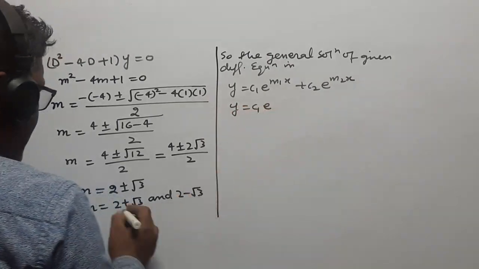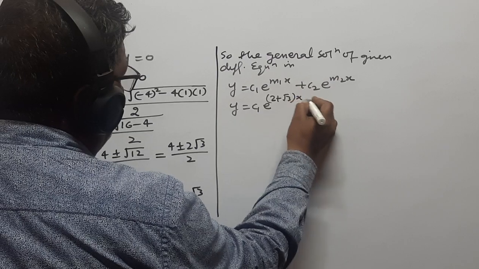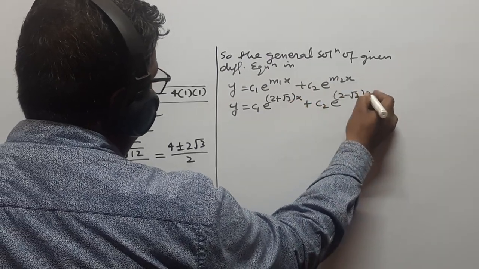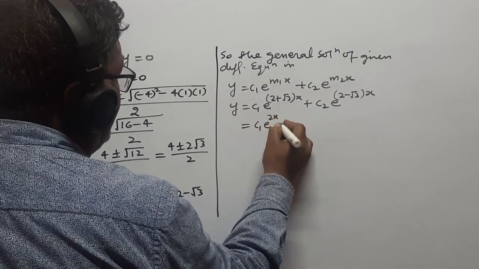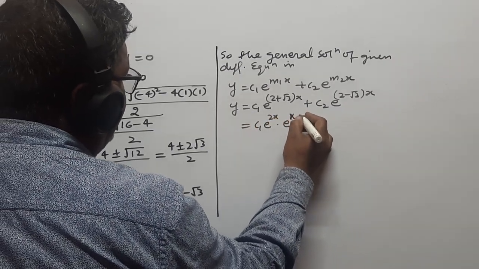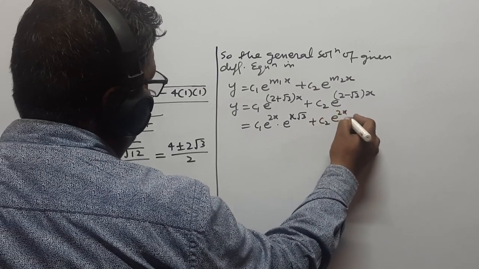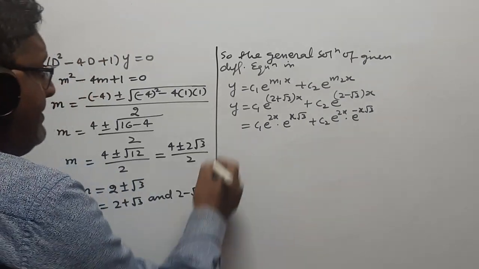Here m1 is 2 plus root 3 and m2 is 2 minus root 3, times x. This can also be written as e to the power 2x multiplied by e to the power x root 3, and e to the power 2x multiplied by e to the power minus x root 3.